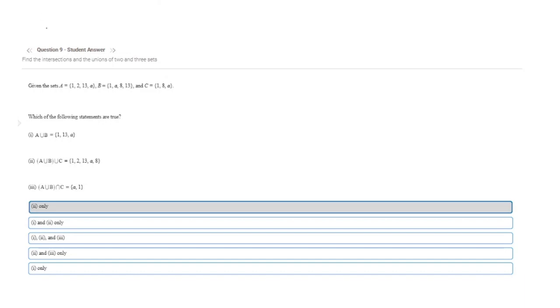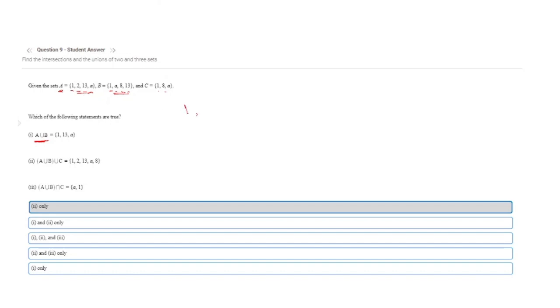Question number 9. Given the set A equal to {1, 2, 13, A}, B equal to {1, A, 13}, and C {1, 8, A}, which of the following statements are true? A union with B. So let's make the union. So we mention all the numbers inside the two sets for the union.